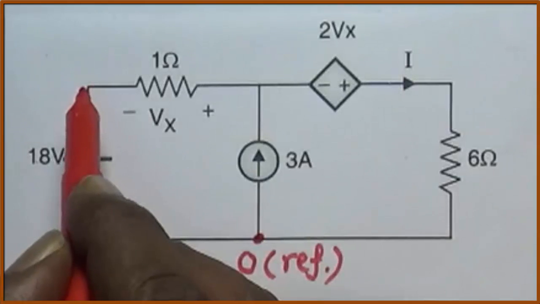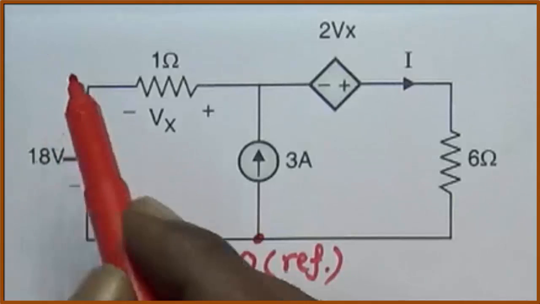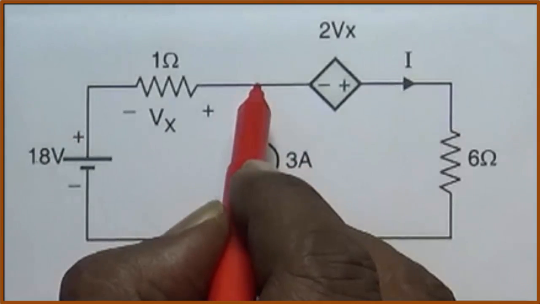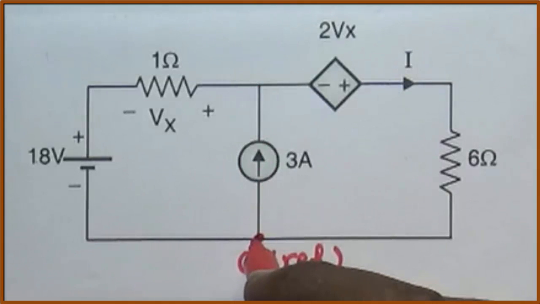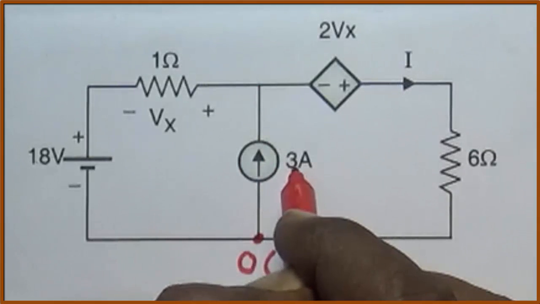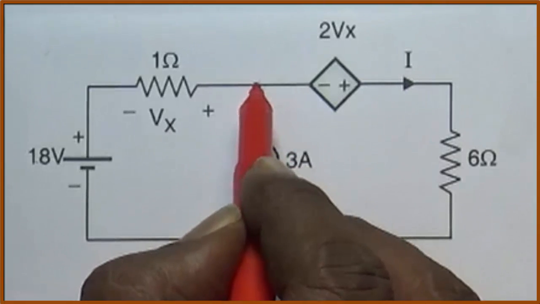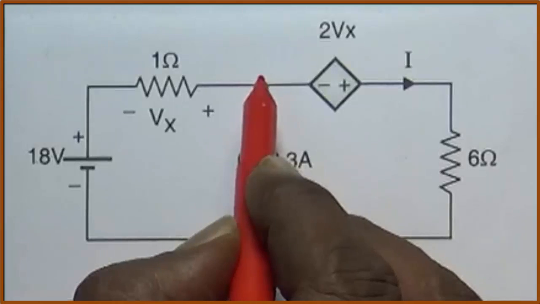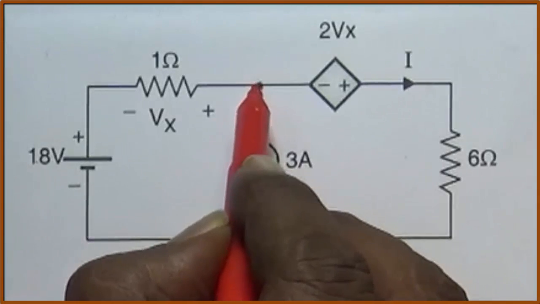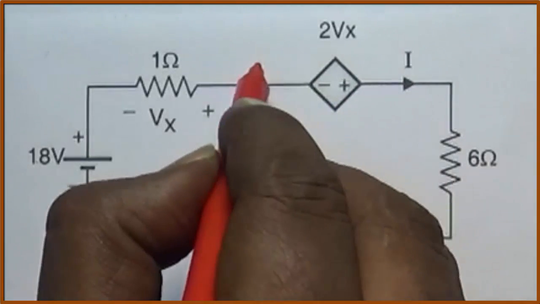Since the voltage at this point is known, we will not consider it for KCL. Now this point. No battery is connected between this point and the reference directly. Remember, this is a current source, not a voltage source. So the voltage at this point is unknown. Let us mark this as point A.